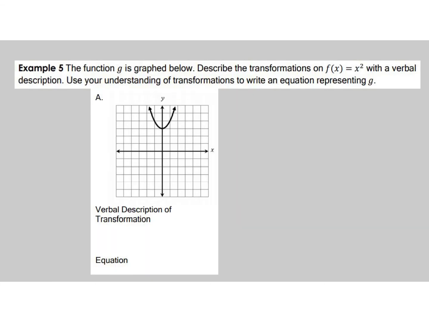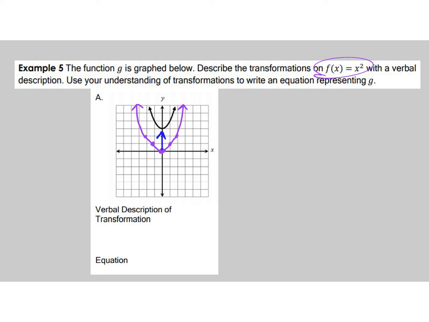So let's see what this looks like as a graph. The function g is graphed below. We want to know how this transforms from the parent function. Remember, the parent function is the most basic. It's going to look something like this. If we describe this transformation, it's moving up so many units.